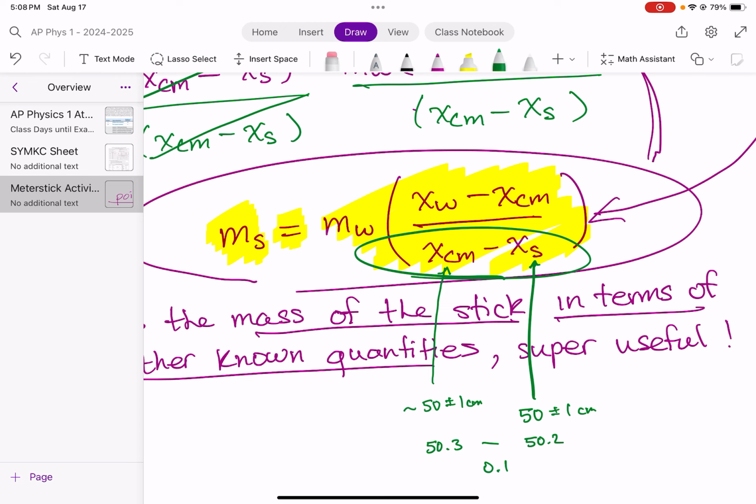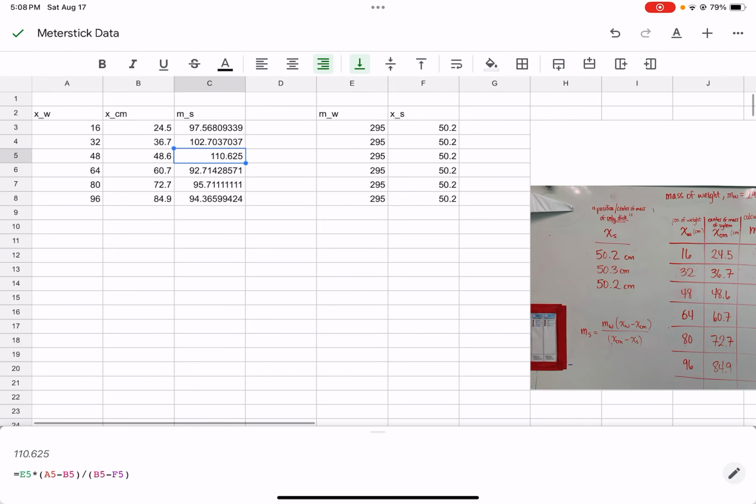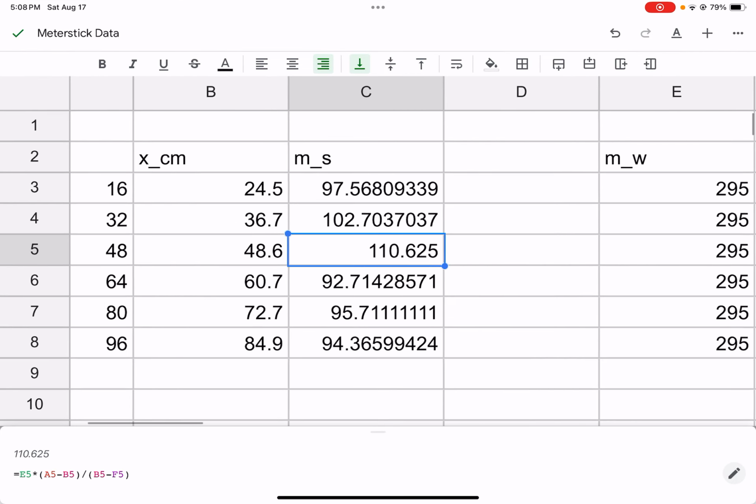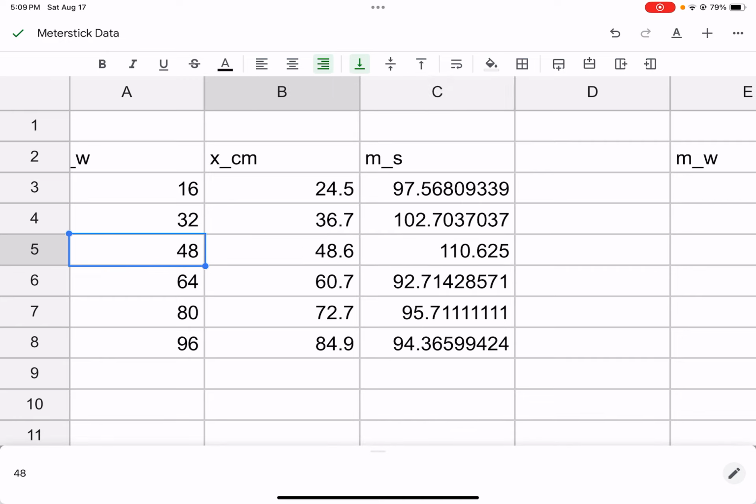That's essentially taking this top result up here and multiplying by a factor of 10, which is not a good thing, right? If you notice, where did my anomaly happen? I'm guessing this is the anomaly. It happened near 50 when I had a center of mass of the system pretty close to 50.